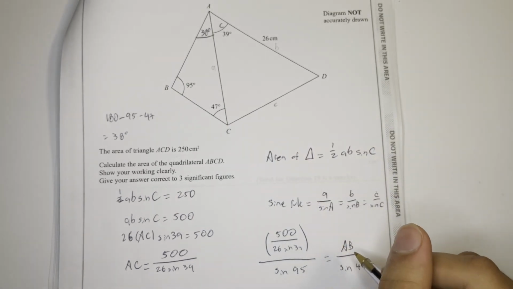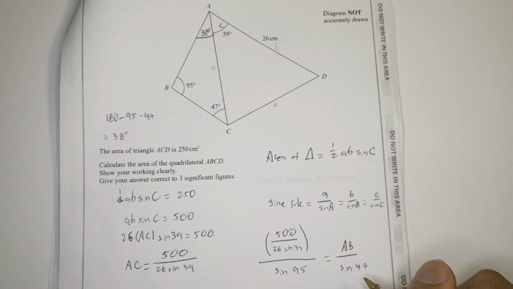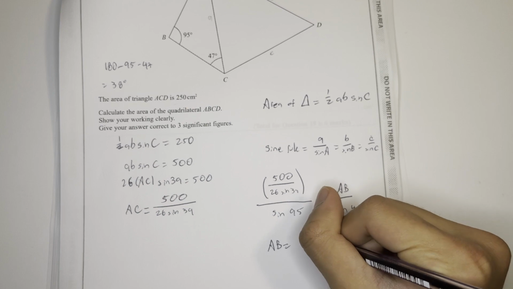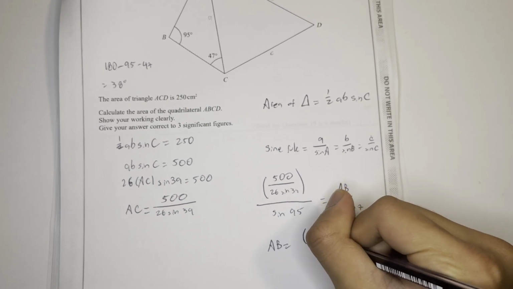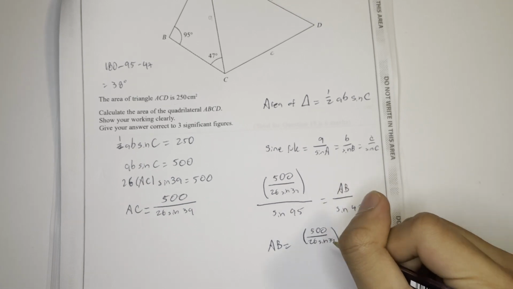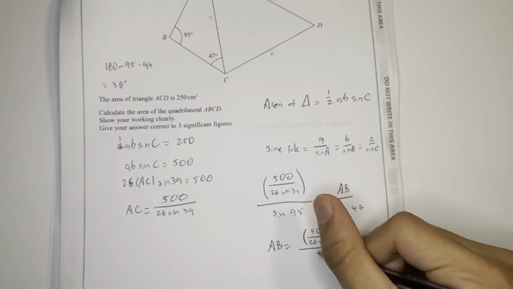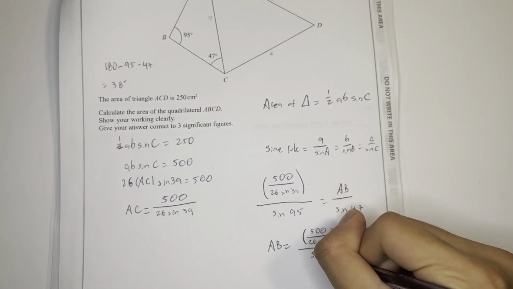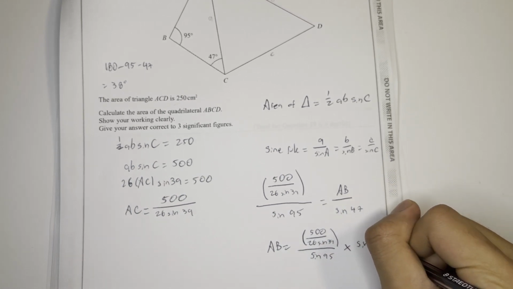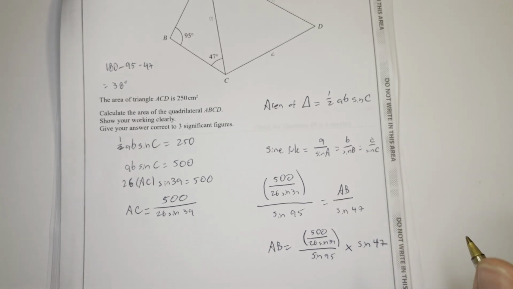So we've worked out by multiplying both sides by sine 47 that AB is equal to 500 over 26 sine 39, over sine 95, times sine 47. And this is our expression for AB.